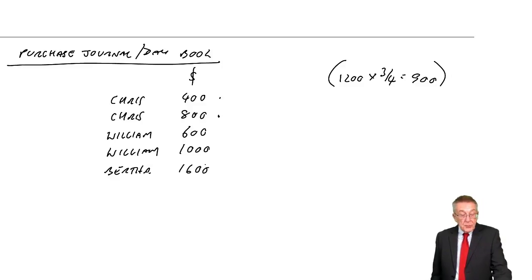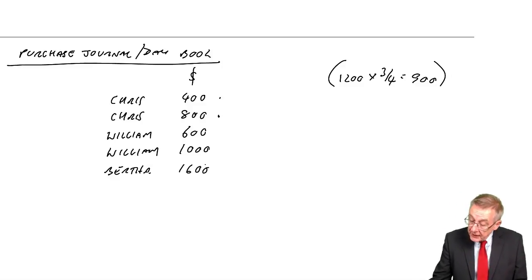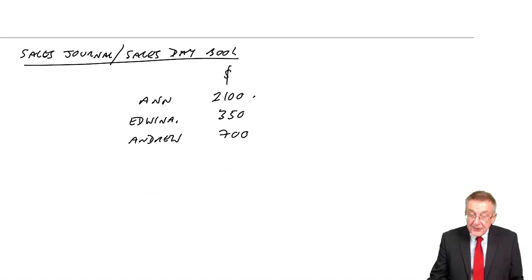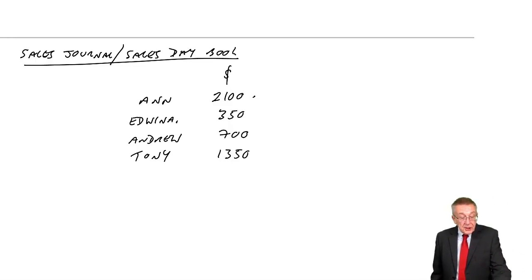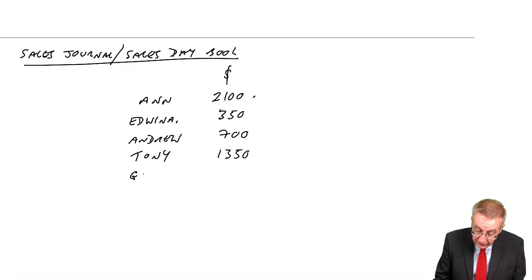P, chairs were sold on credit to Tony, so sales on credit go in the sales journal or day book. Tony, 1,350. And Q, chairs were sold to George, again on credit, 2,100.